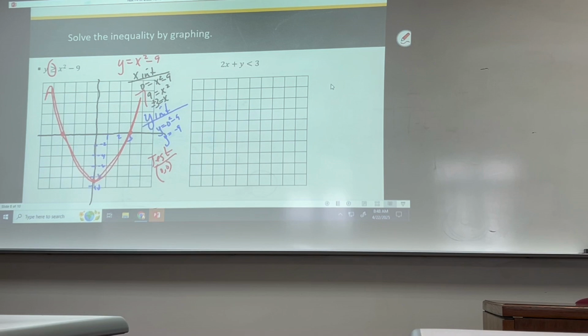So the inequality, I'm going to replace y with 0, greater than or equal to 0 squared minus 9. Is that a true statement? Is 0 greater than or equal to negative 9? Yes, that's true, right? So I shade inside.